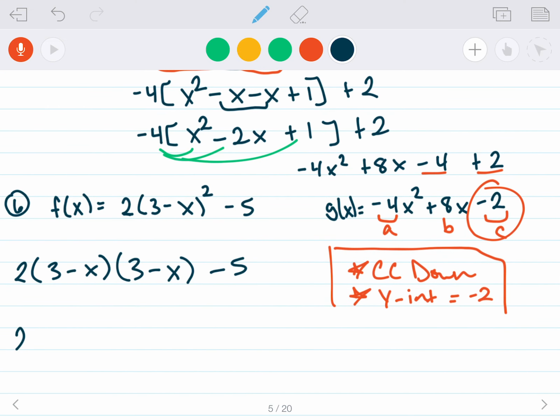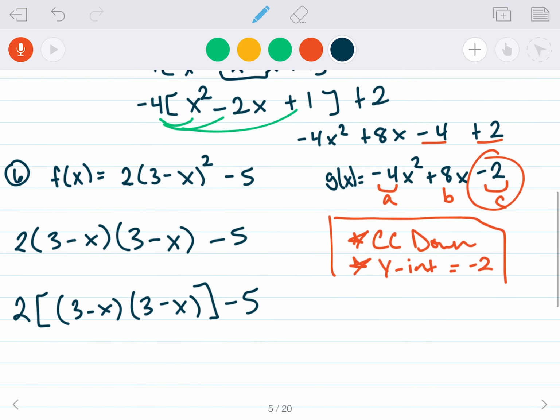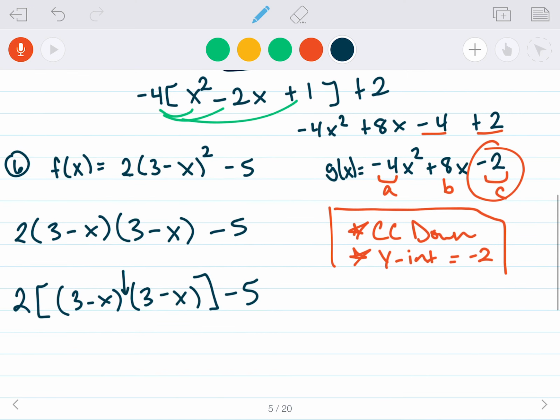So what I like to do is pull that 2 out and put 3 minus x times 3 minus x inside a set of brackets. Put the negative 5 on the outside like that. And now at this point I can go ahead and FOIL because I have multiplication understood here. So FOIL, we're going to do first 3 times 3 is 9.